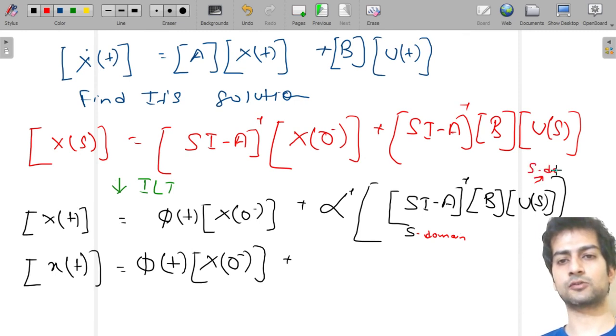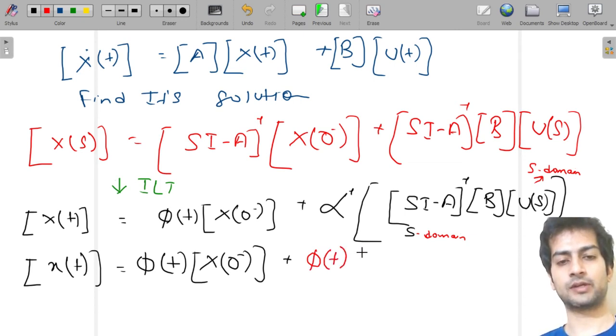So we have learned in signals and systems that when we take multiplication in S domain, then we get convolution in time domain. So we can write it like this. Very important, please see.